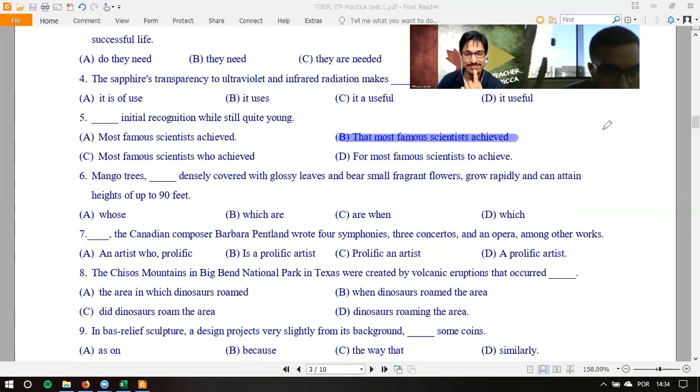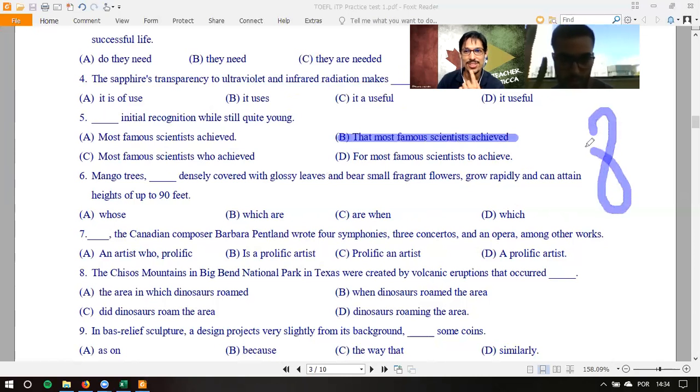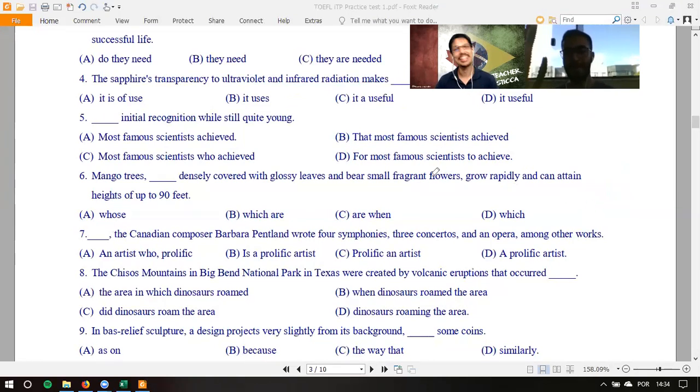Letter C. It's not letter C. So I don't know. Letter A. Letter D. I don't know. Letter A. All the options.